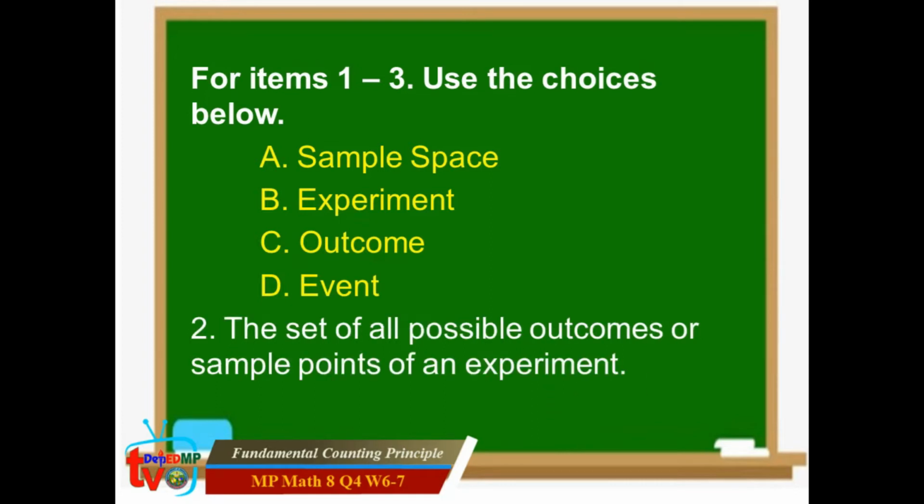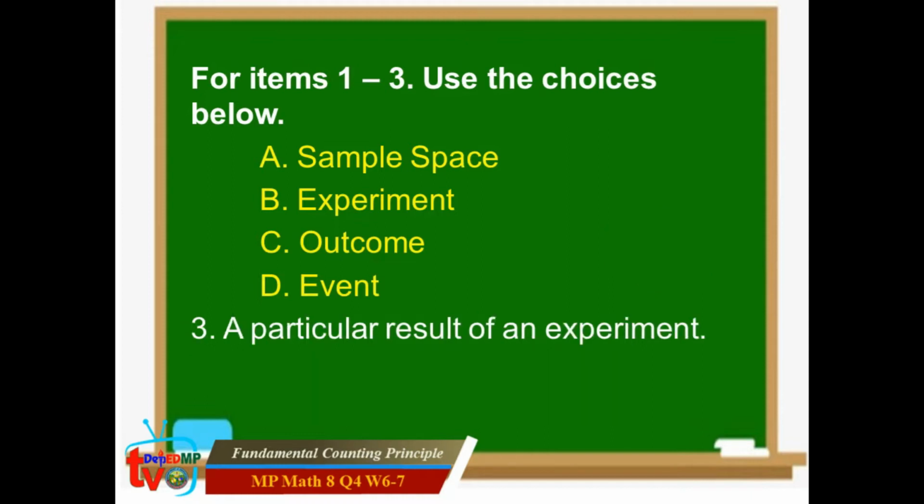Number 2. The set of all possible outcomes or sample points of an experiment. Three. A particular result of an experiment.